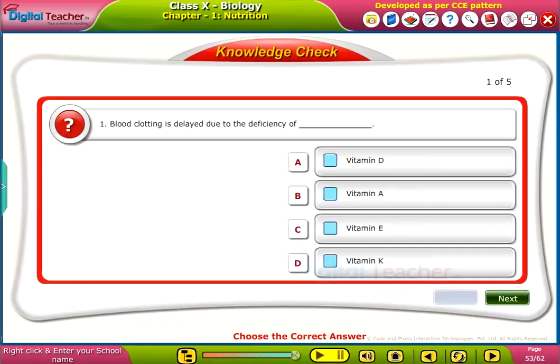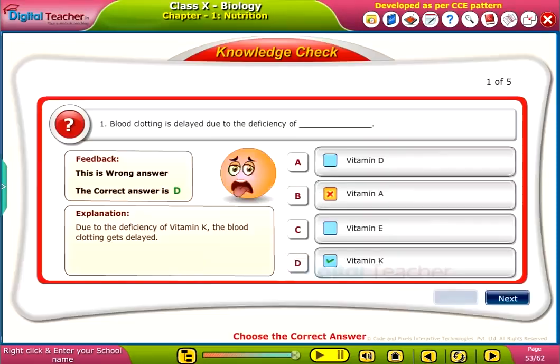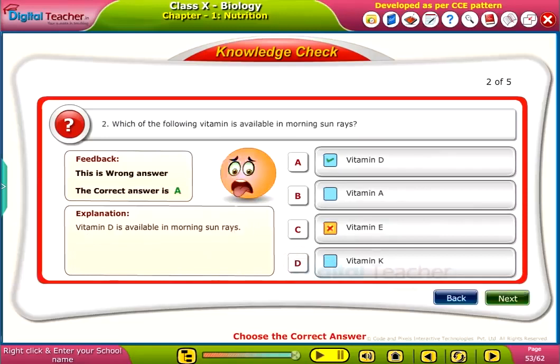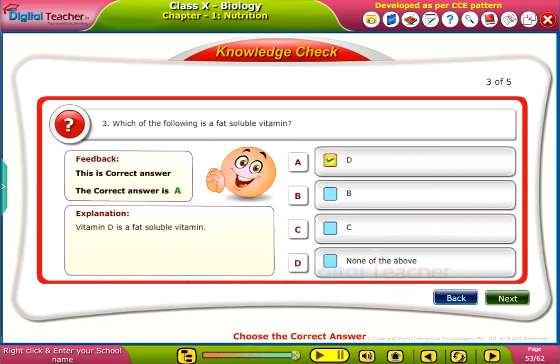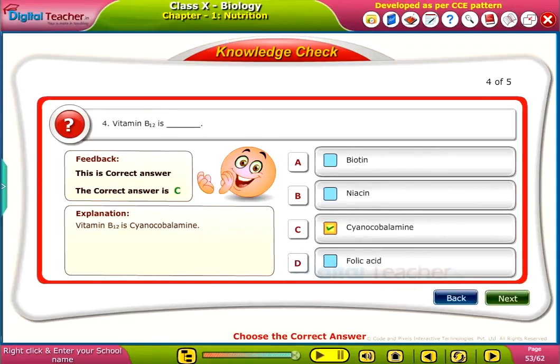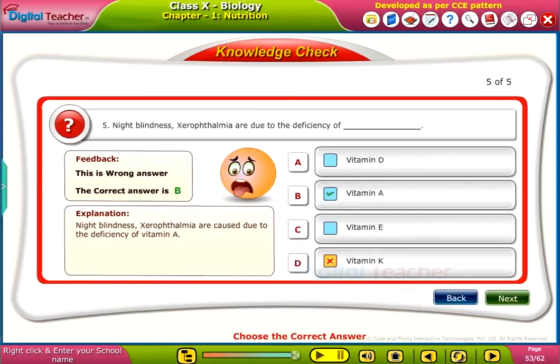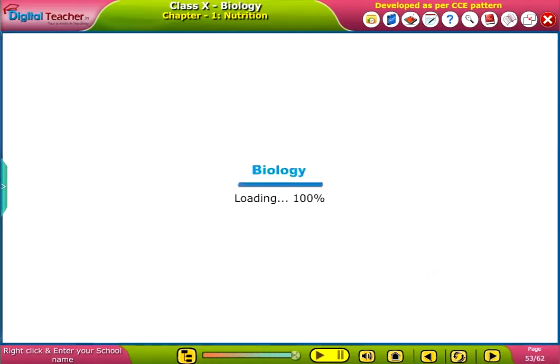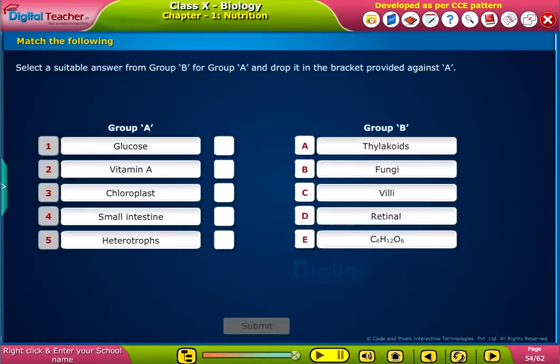Knowledge check. Attempt the following questions to check your understanding. Match the following.